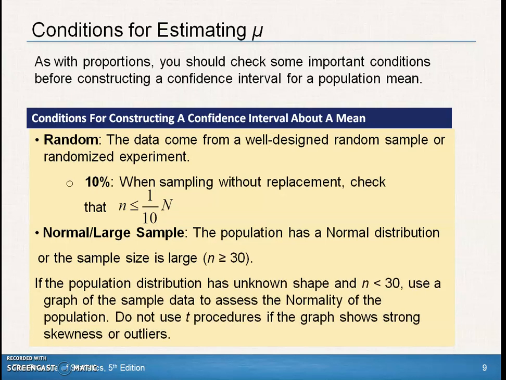If you don't know and n is less than 30, then look at the graphs, the check for normality of the population. We had some procedures before. If there are any strong skewness or outliers, don't use the t procedures.